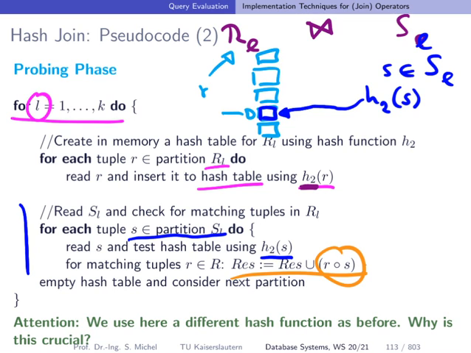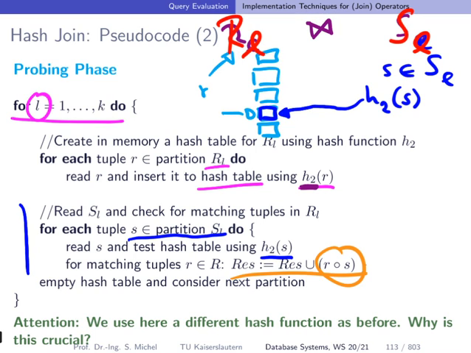So now you're wondering, what is the hash function h2? Is it different than the hash function before that we used to create the partitions? And the answer is yes, it's different, and it's very important that it's different. Can you guess why? So what we want to do here is an efficient matchmaking in memory between the partition RL and SL.